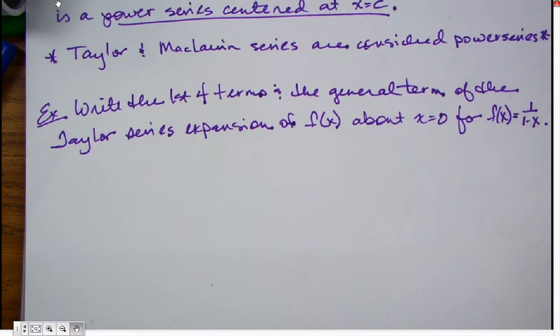Okay, so I'm supposed to write the first 4 terms and the general term of that Taylor series expansion, f of x equals 1 over 1 minus x.